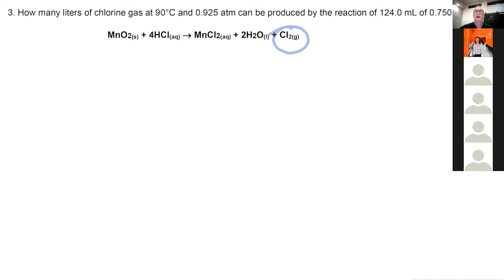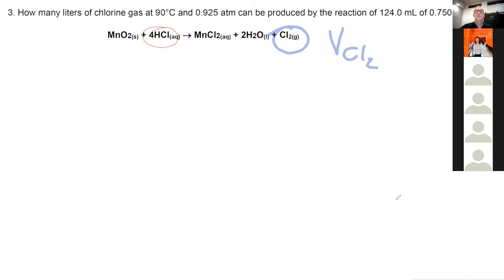We're going to try and figure out the volume of chlorine gas. That's what our final answer should be. Now, what's the reactant we're given to work with? Hydrochloric acid. Yeah, so it's the HCl. So that is our reactant.